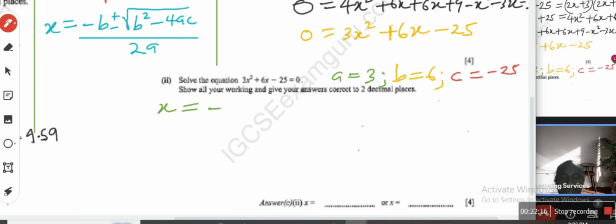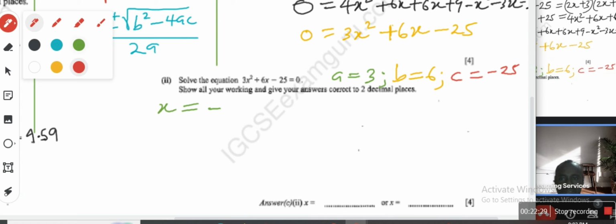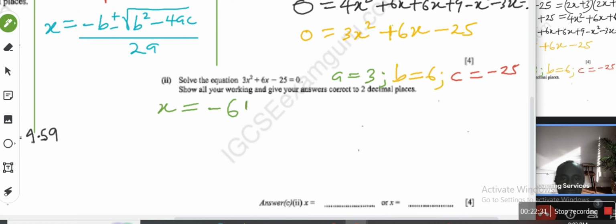So we apply that again. x equal to minus b plus or minus the square root of b squared minus 4ac all over 2a. So we have minus b now will be minus 6. Minus 6 plus or minus. Well, you normally like to start with minus or plus. I don't know. But let me start with minus first of all.